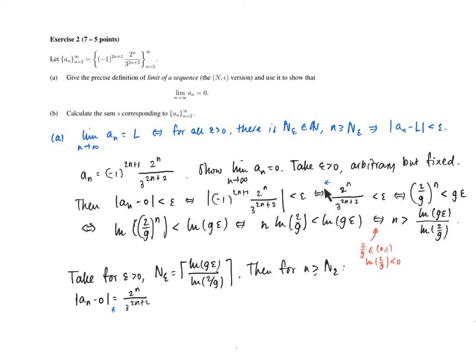Yeah, which was already done in this stage. We just rewrote the absolute value of an, and then we rewrote this as 2 over 9 to the power n times 1/9. And we can just rewrite it as e to the power log 2 over 9 to the power n. Yeah, the e power and the log are inverse functions. So what is done here is just rewriting the 2 over 9 to the power n times 1/9.